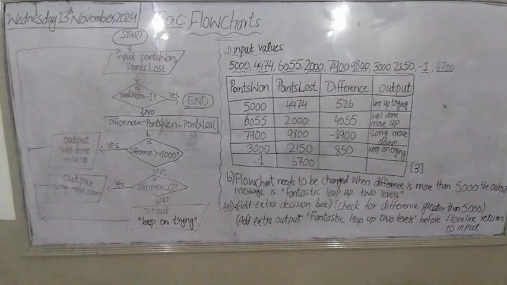So I hope this question will be clear to you. Let me just quickly recall the whole thing which we have done. We have values given to us by the examiner which we have to insert in the variables in our flow chart.